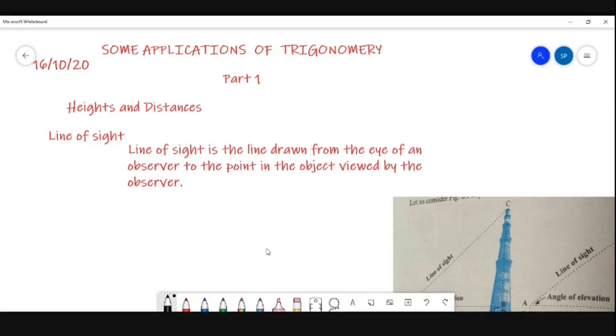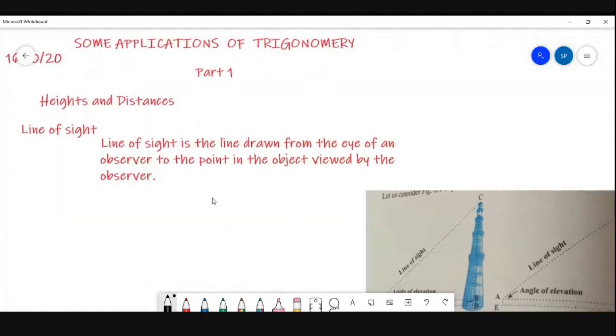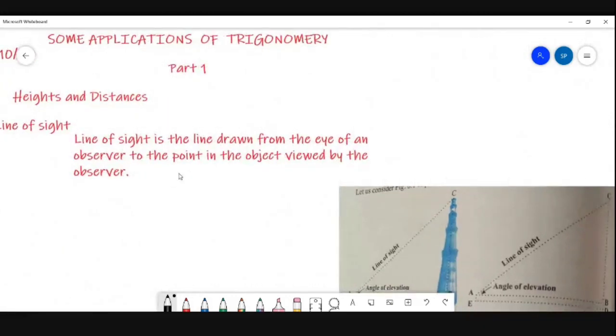So before we discuss the angle of elevation, let us see what is the line of sight. Line of sight is the line drawn from the eye of an observer to the point in the object viewed by the observer.